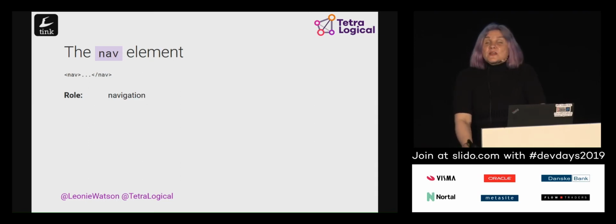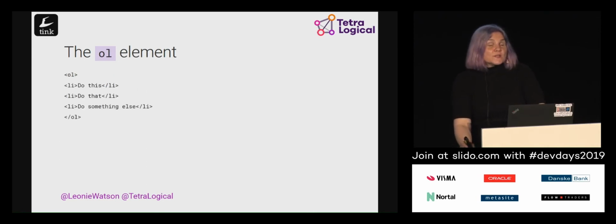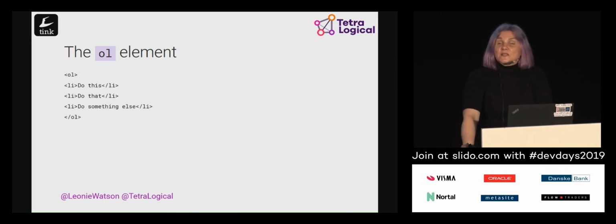We get the same thing with the nav element, only this time its role is navigation. And so the screen reader, when it asks the browser for information, can tell the user that it's a navigation region. Navigation region. And it happens for all elements. For lists, for example, the OL or UL element will tell the user that they're dealing with a list.